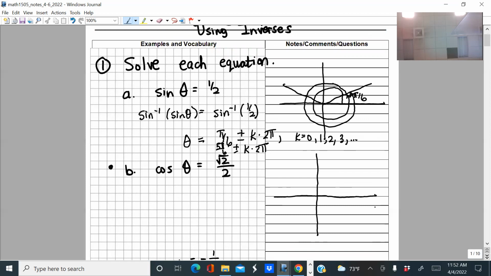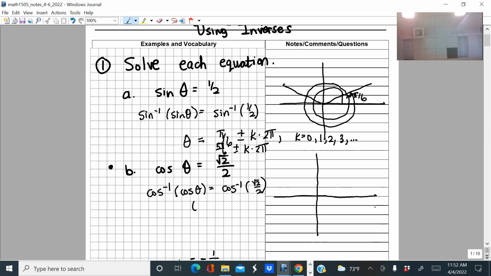Cosine of theta is square root of 2 over 2. So you know immediately that theta has to involve pi over 4, right? You can find that, by the way, just by applying the inverse cosine to both sides.